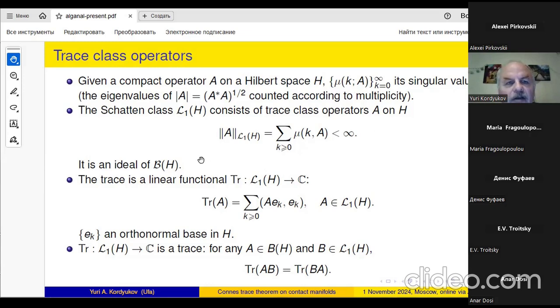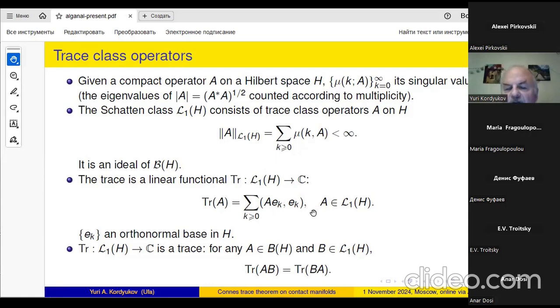And this is an ideal in the algebra of all bounded linear operators in a Hilbert space. And then the trace is defined in this way. So this is the sum of diagonal matrix elements in any orthonormal basis. So we know this.